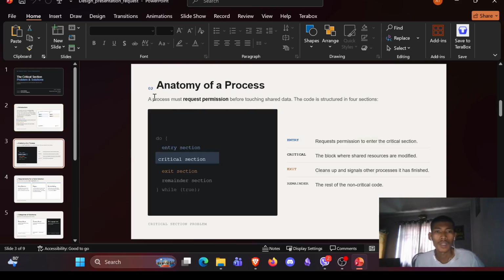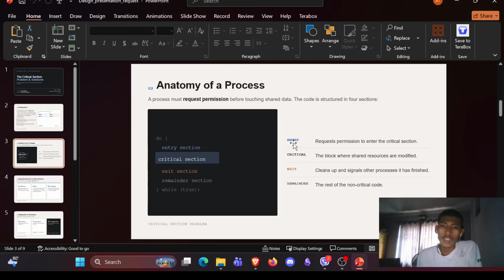Anatomy of a process. Every process is structured into four parts around its critical section. First is the entry section. The entry section requests permission to enter.